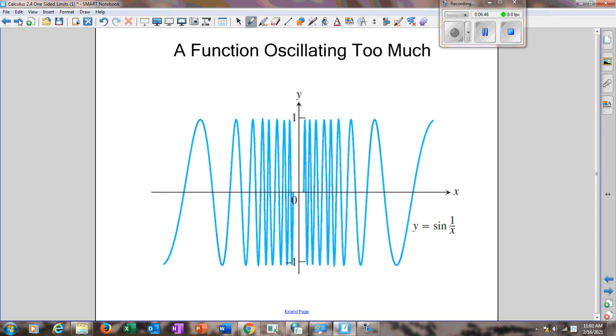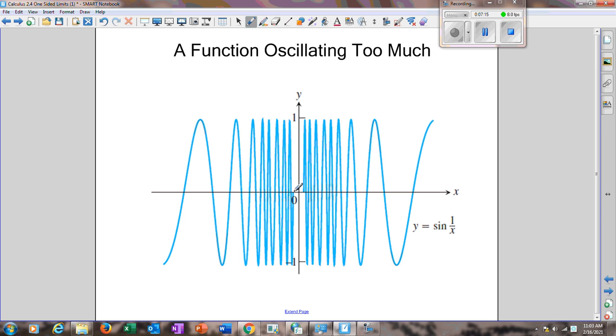All right. So let's look at our next type. If I'm looking at this one, this is sine of 1 over x. And as x is approaching 0 is what I would be looking at. You'll notice that I have this big gap here in the center. Right?